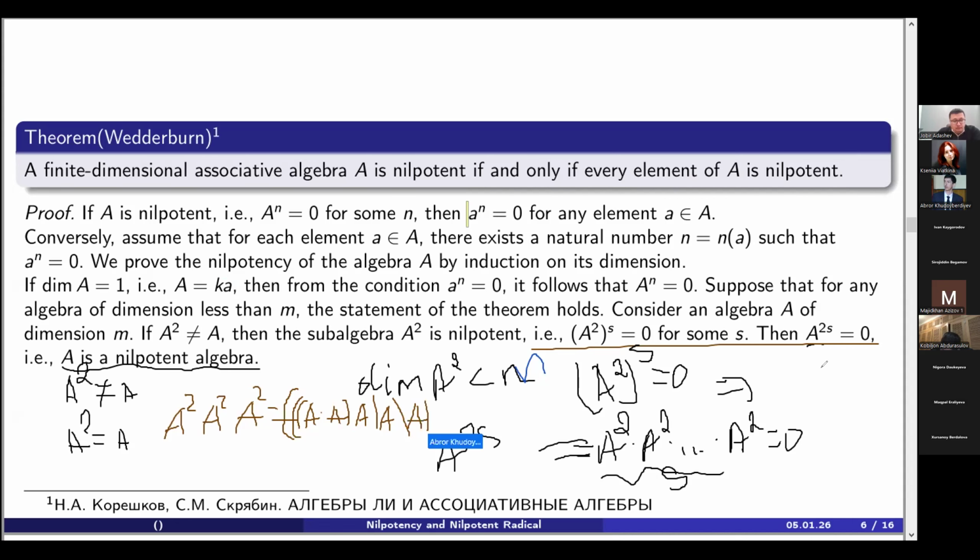Actually, A square times A square. Since A is an associative algebra, this equality holds. That's why you should use this one.